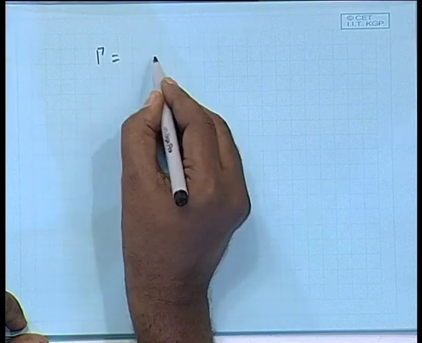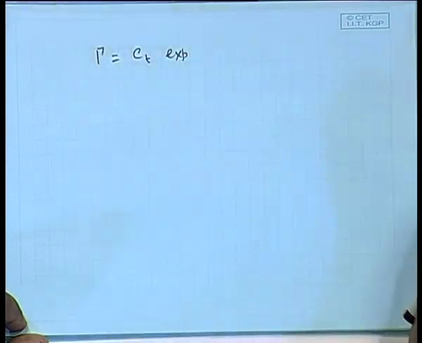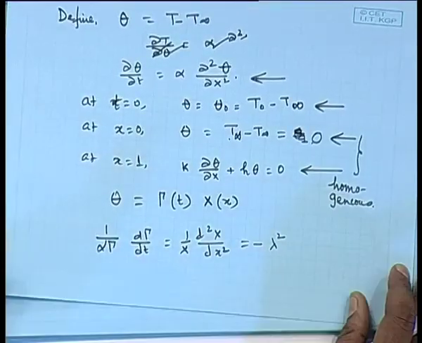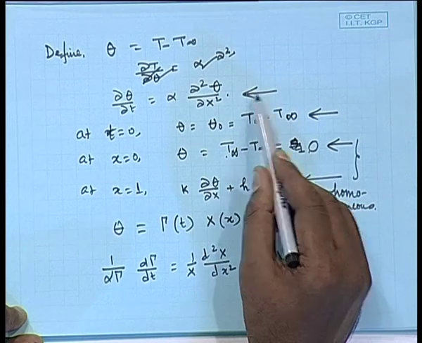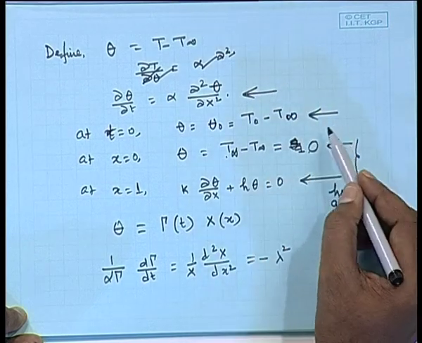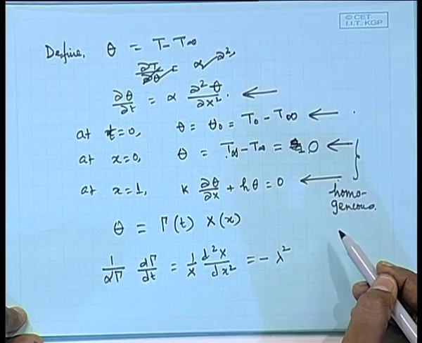Now, the time dependent part remains the same. Here you have a linear partial parabolic equation, non-zero initial condition and homogeneous boundary conditions.